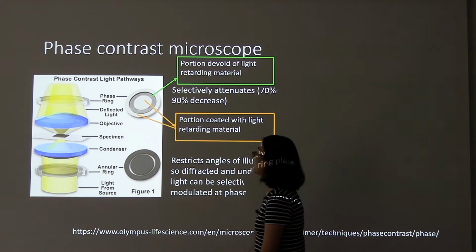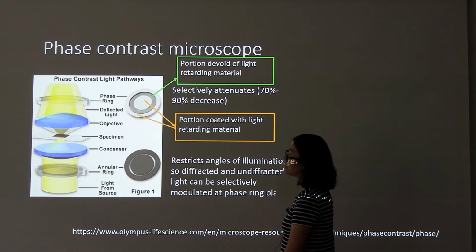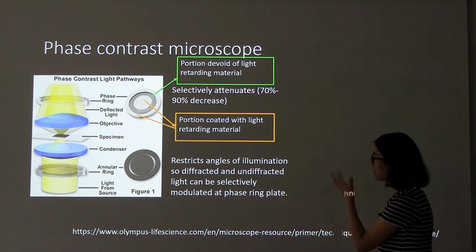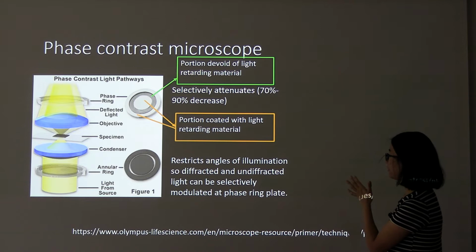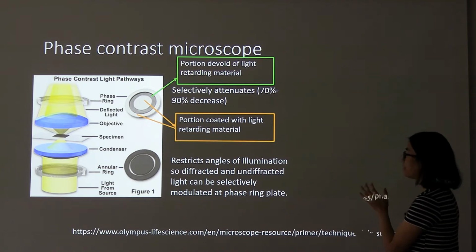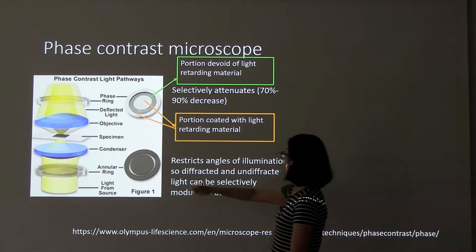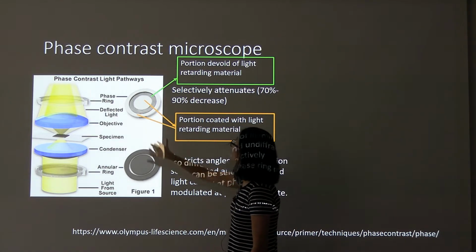In some materials, it's also called the annular ring. Its function is to restrict angles of illumination, so diffracted and undiffracted light can be selectively modified at the phase ring plate. This is the phase ring plate.